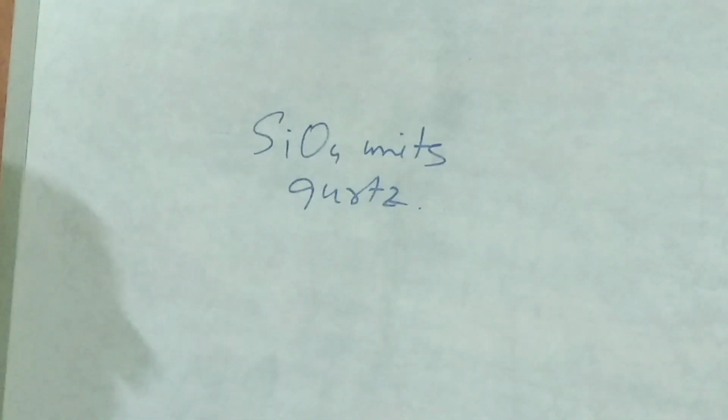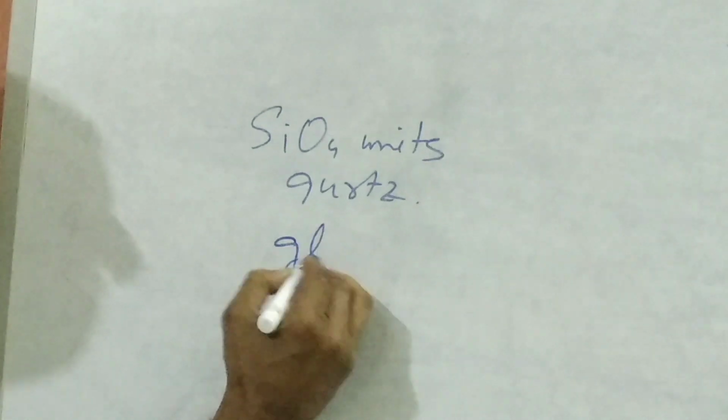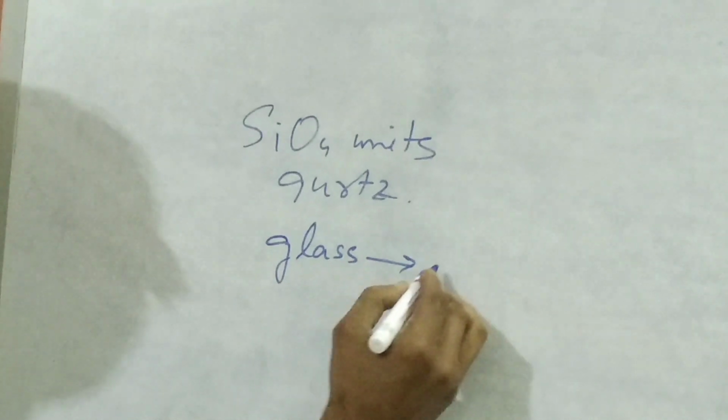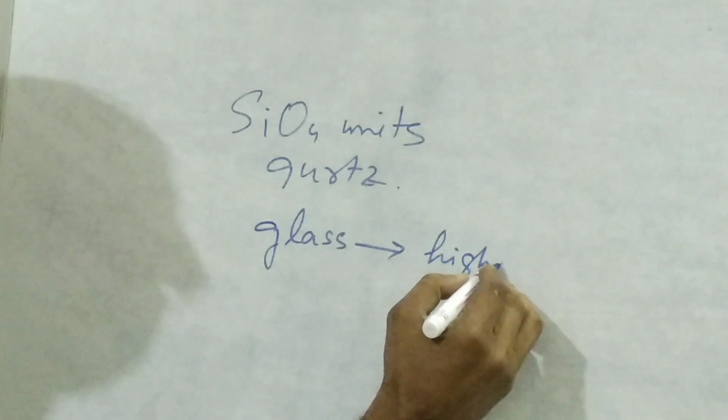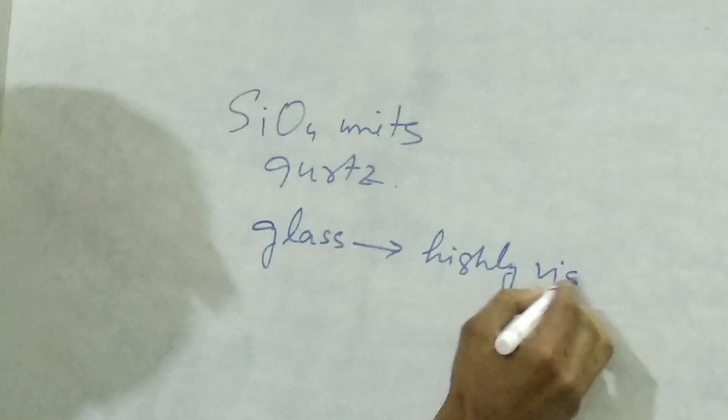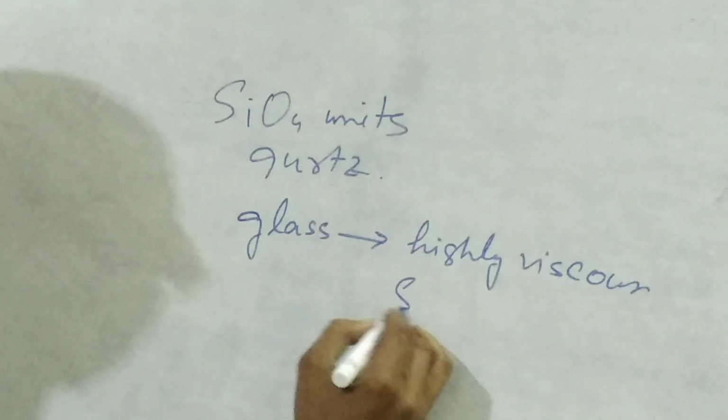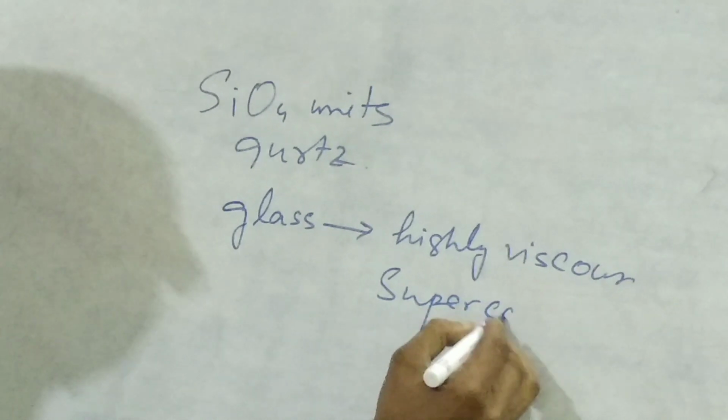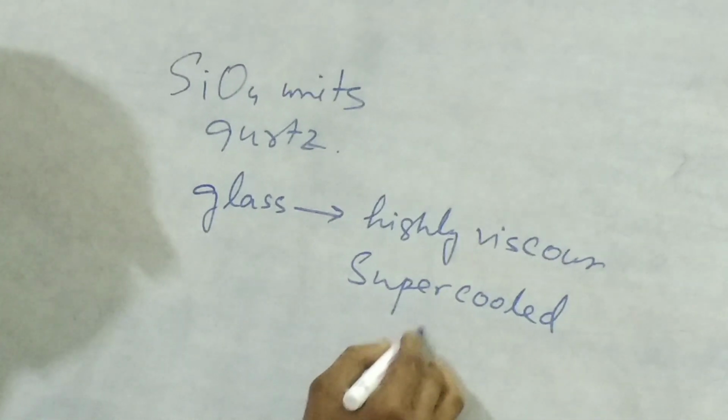So guys, glass is also called a highly viscous supercooled liquid.